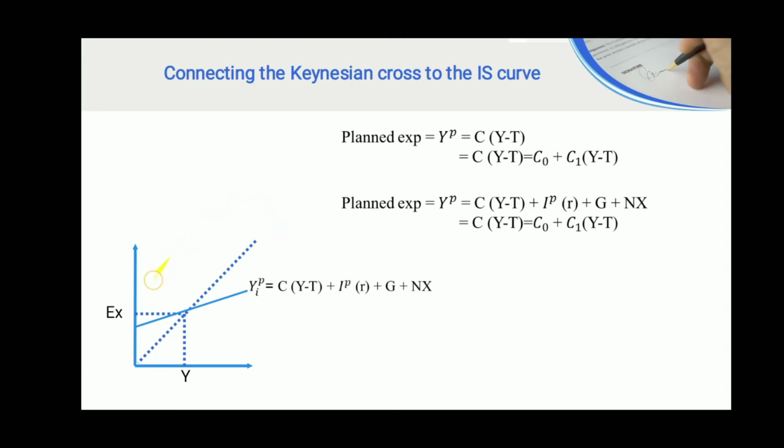Here we make a line where Y is equal to expenditure, along this 45 degree line right over here. So our expenditure is along this 45 degree line, and this point is at the same value.